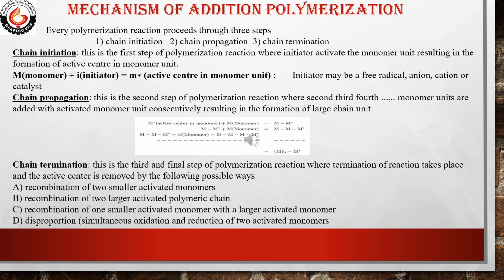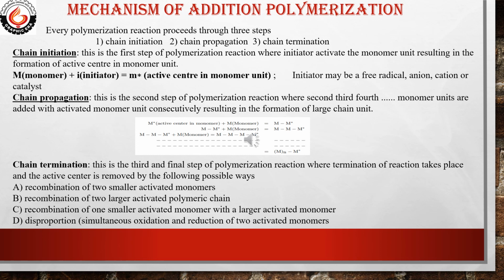This can happen by the recombination of two smaller activated monomers, or recombination of two large activated polymeric chains, recombination of one smaller activated monomer with a large activated chain, or by disproportionation reactions. So here, in all types of addition polymerization reactions, these three steps are common.